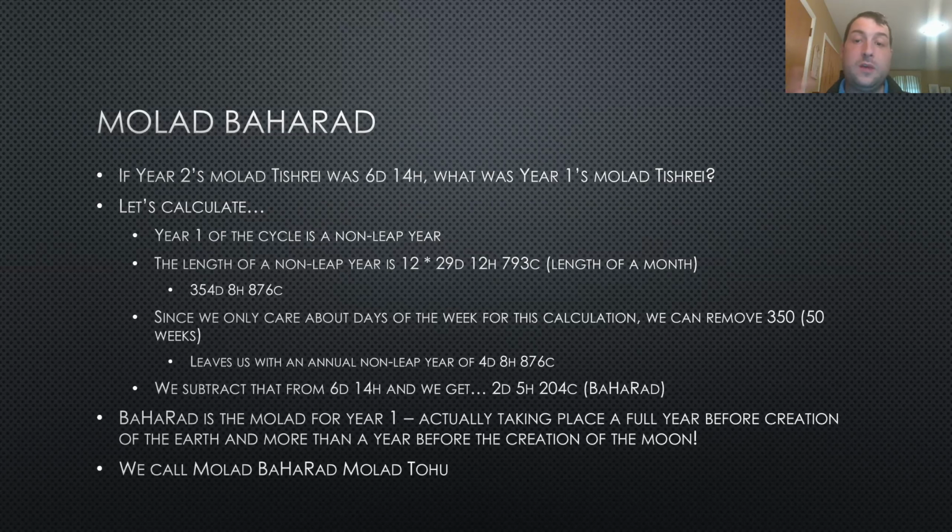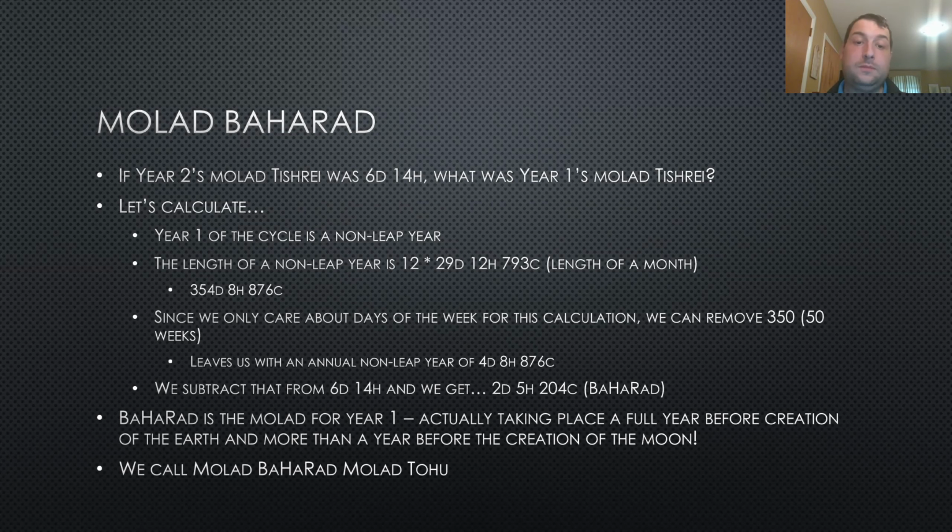We call this the molad of Baharad, or the molad Tohu. Ba for 2 days, ha for 5 hours, rad for 204 chalakim. So we call this molad tohu or molad baharad.